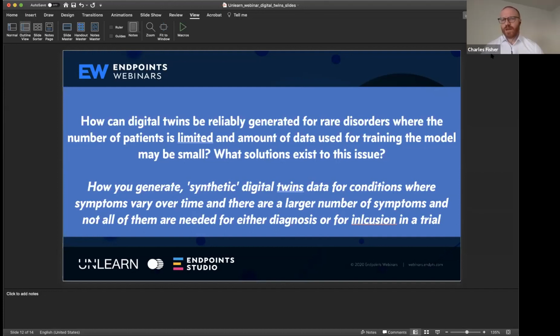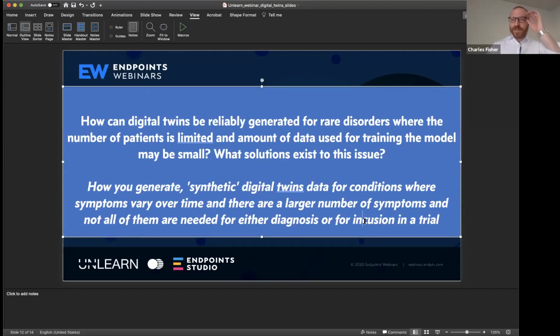Well, I think we kind of covered the first one about having longitudinal data. The second one, I think actually Alzheimer's disease, what we're showing here neatly falls into this category, right? You have a large number of symptoms there. You have these cognitive tests that are measuring all these different dimensions of cognition over time. We're simulating each dimension. So we're not simulating just an endpoint.